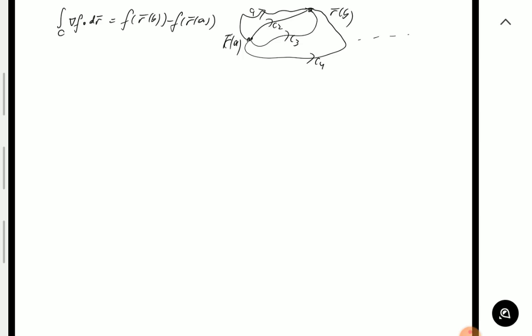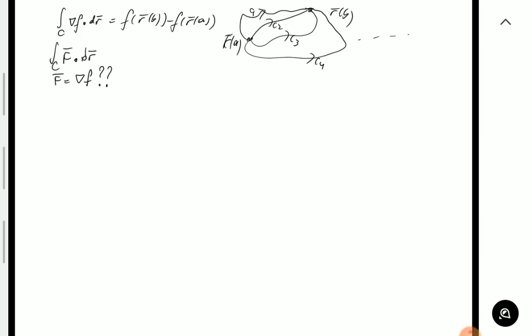If you have to take the line integral over these curves of some vector field, and if you are lucky to notice that this vector field happens to be the gradient of another scalar field, a function of several variables, you don't have to worry about the equation of each curve.